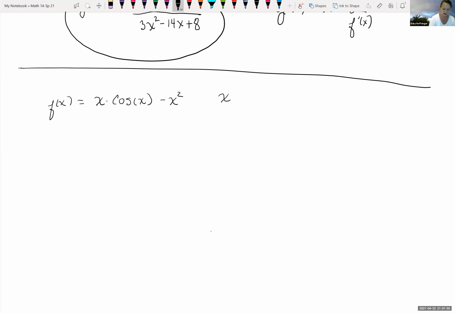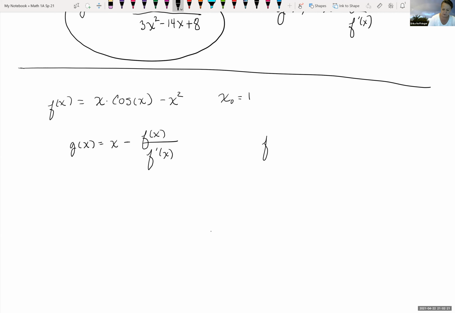And they tell you to start with a guess of 1. So let's come up with what g of x would have to be so that we could just keep on doing this. So g of x I know is going to equal whatever I'm going to plug in minus f of x all over the derivative of f of x.